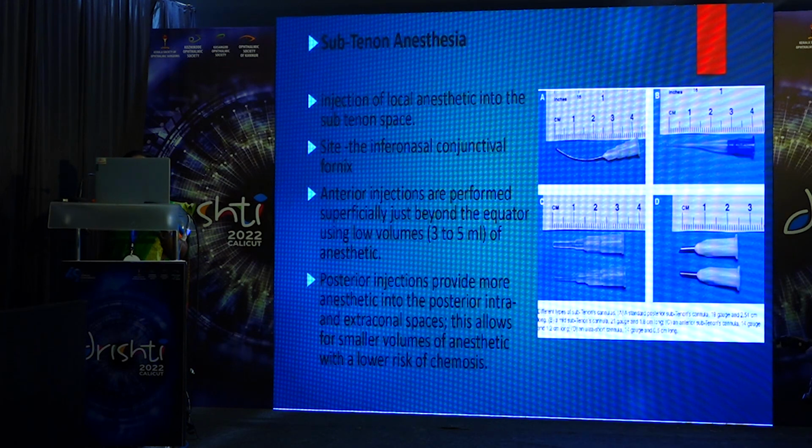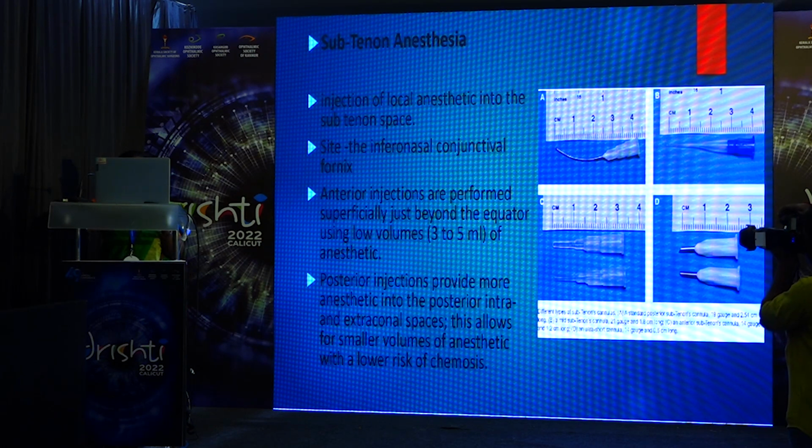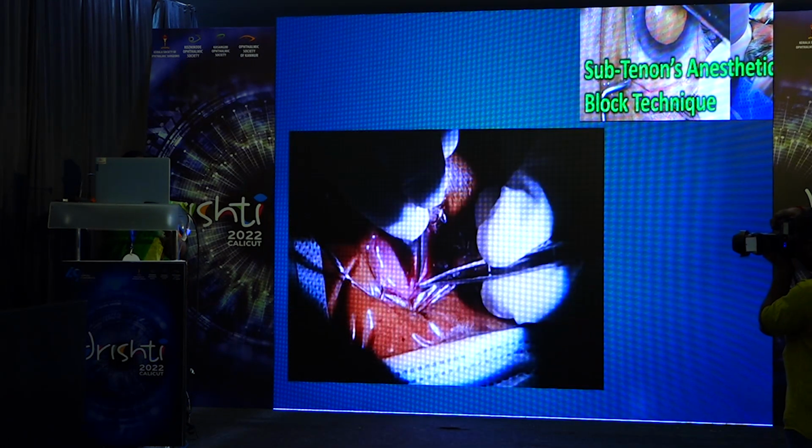The injection can be given more anteriorly, about 8 millimeters, with subtenon cannulas of various lengths. But posterior injections are better because the drug goes into the posterior intra and extraconal spaces, and you get good anesthesia with small volumes of drug with low risk of chemosis.